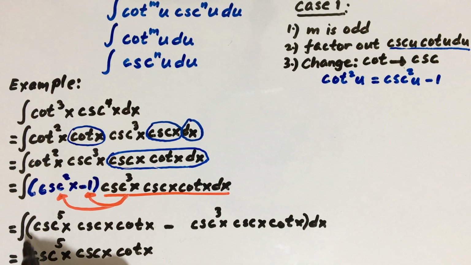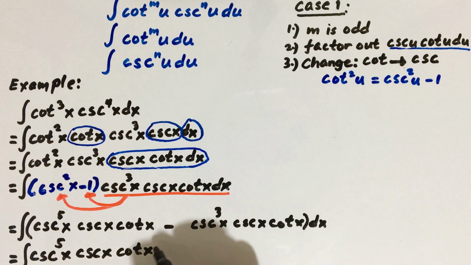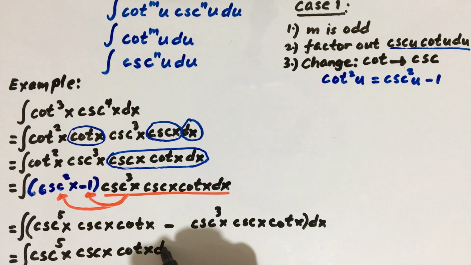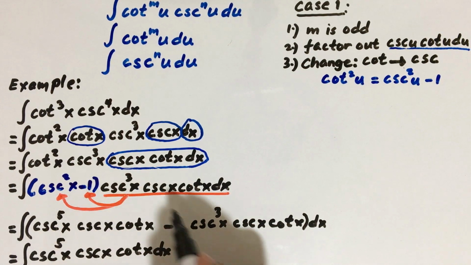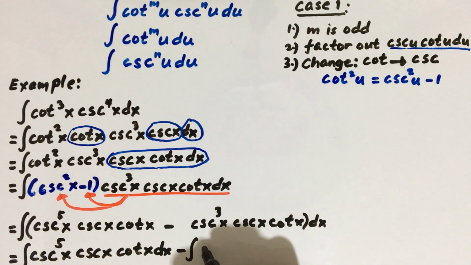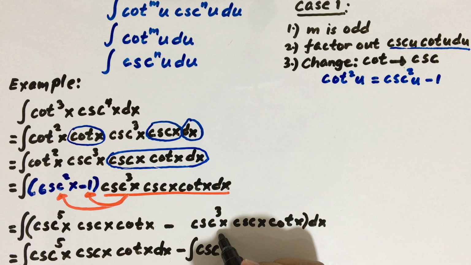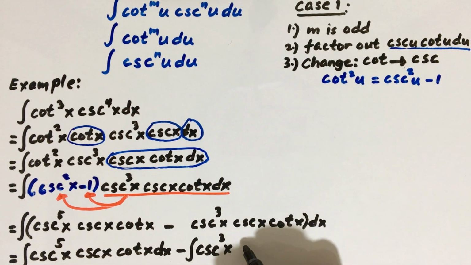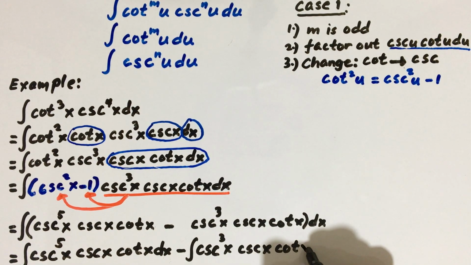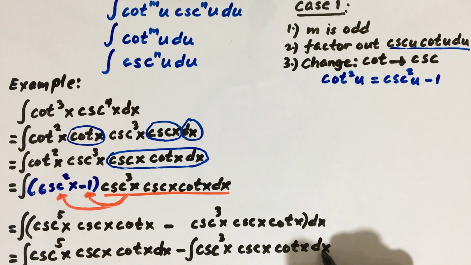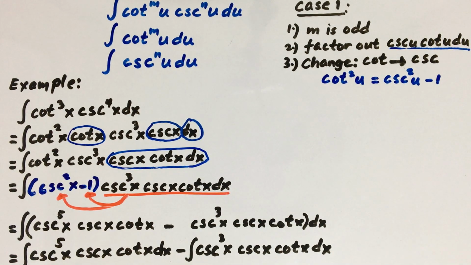Okay, so this time we distribute the integral sign and now distribute also the dx. So this is the time that we write dx. Then minus, so distribute this integral sign also for the second term: integral of cosecant cubed x times cosecant x times cotangent x and dx.